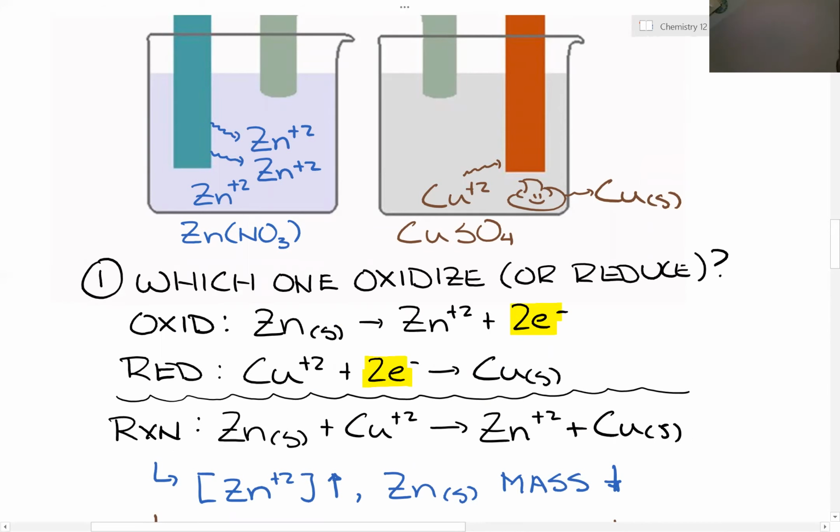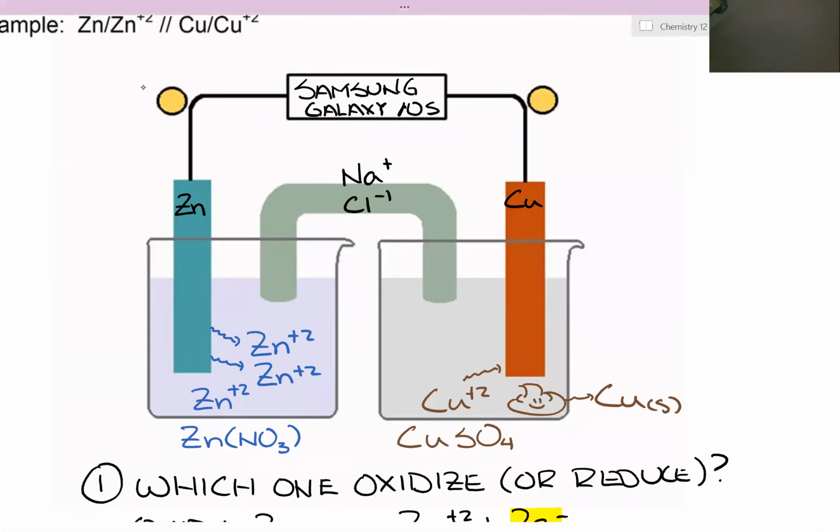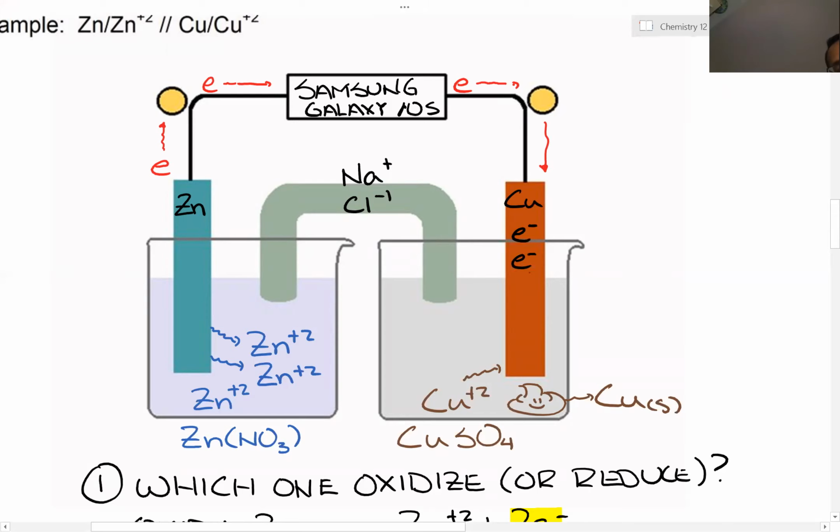So the electrons will flow from the zinc because it's being oxidized, through whatever is using it, and then come down to copper. I'm just going to change the color here so you can see it. So copper is being filled with electrons, and that is what is attracting the copper 2+ ions.